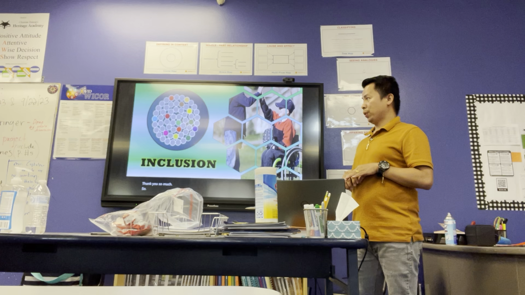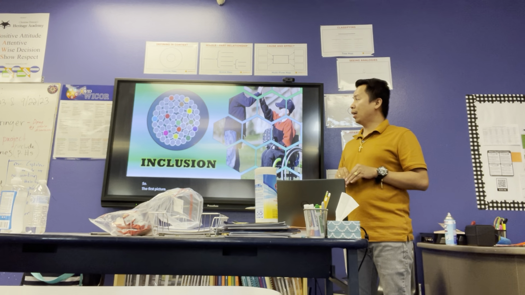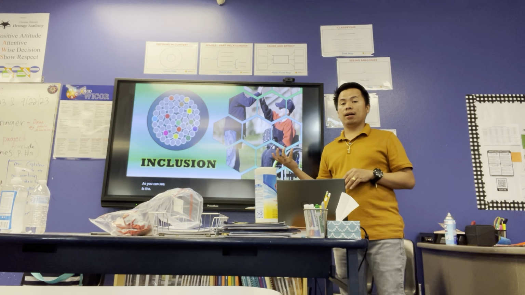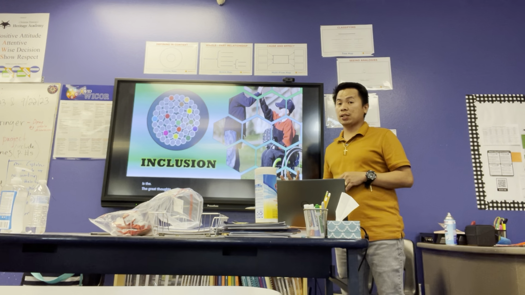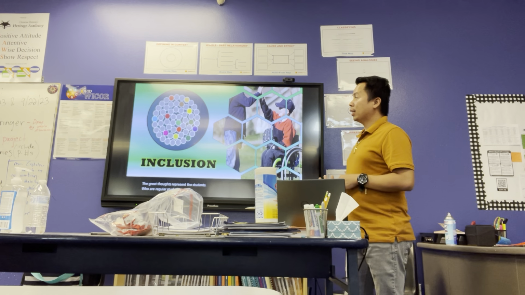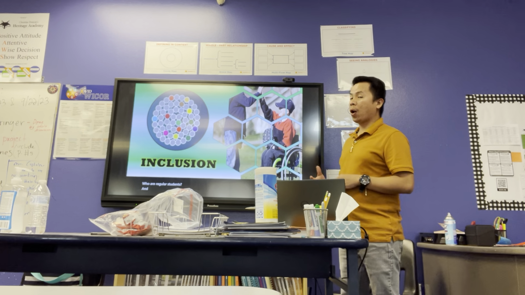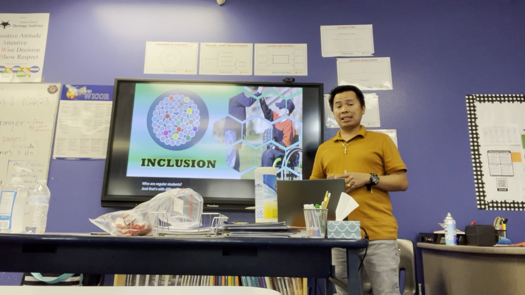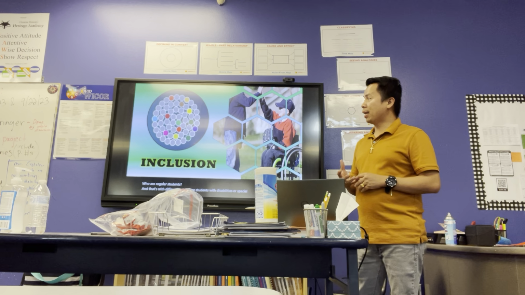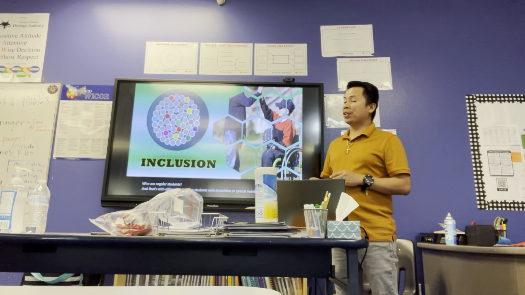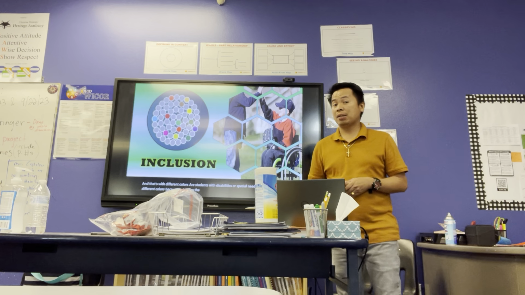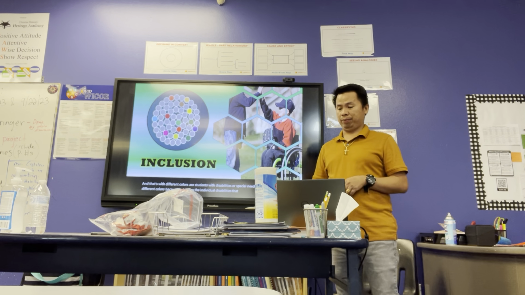The first picture, as you can see, the gray dots represent students who are regular students, and the dots with different colors are students with disabilities or special needs. I put them in different colors because it signifies the individual disabilities that they have in the class.